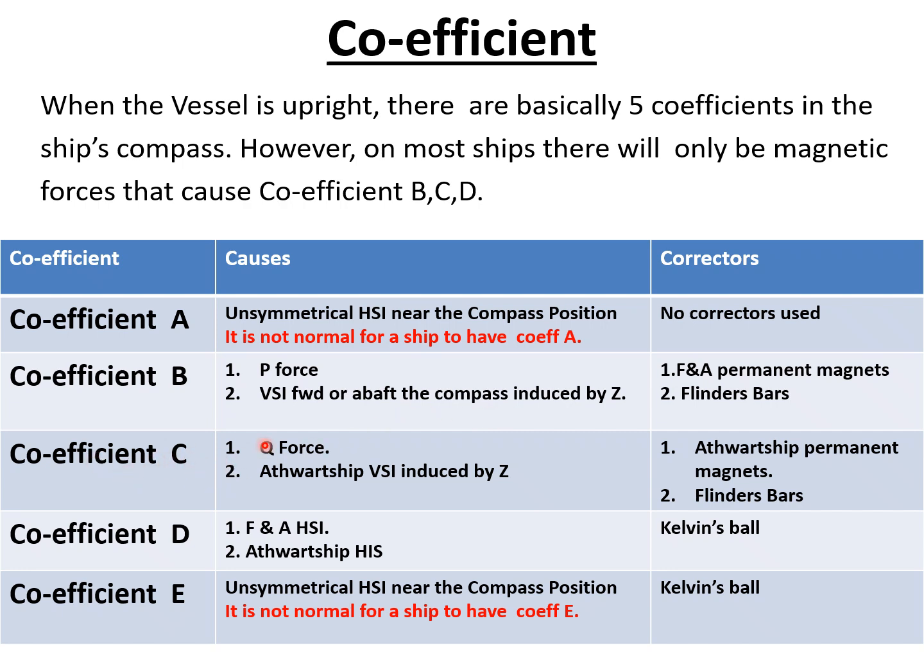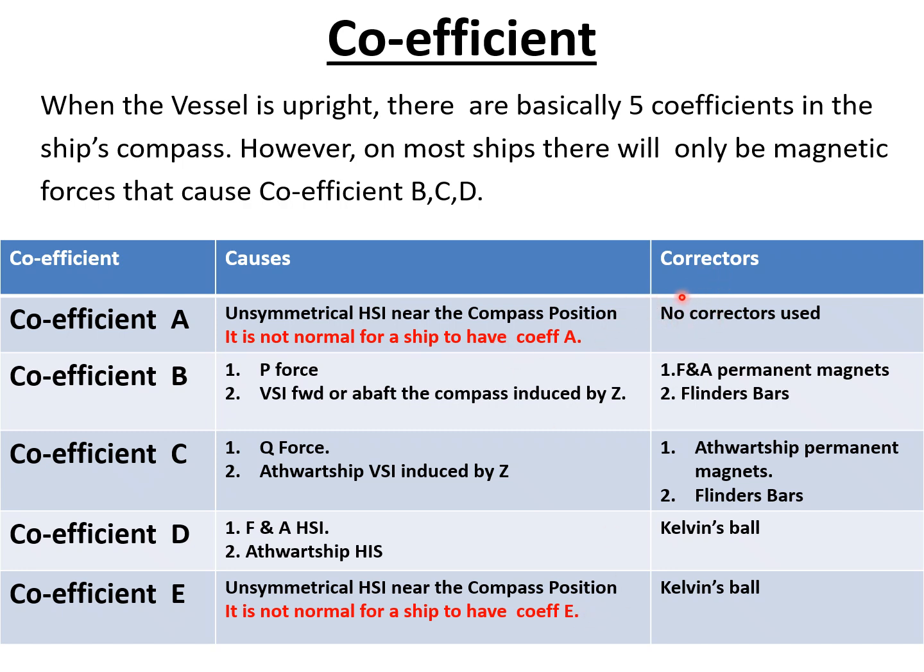The coefficient C is due to Q force and athwartship VSI induced by jet. Coefficient D is due to fore and aft HSI and athwartship HSI. And coefficient E is due to unsymmetrical HSI near the compass position. However, it is not normal for a ship to have coefficient A or E, right?